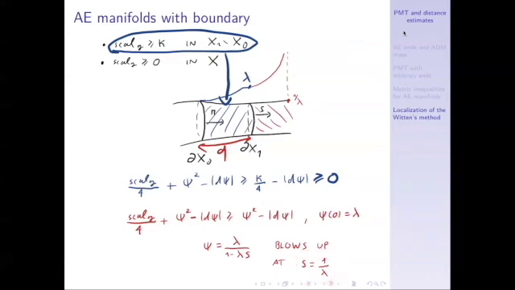And now if I take this number to be L, then I obtain that if the distance from the boundary of x1 is L, so in other words, if the boundary of x1 is over here, then I can always, for every constant t, construct a function.